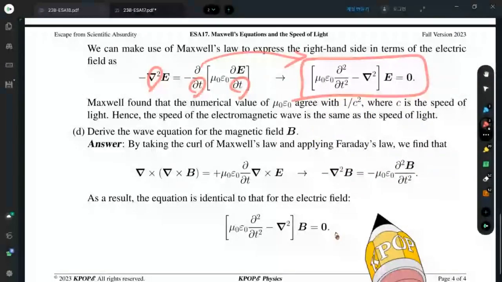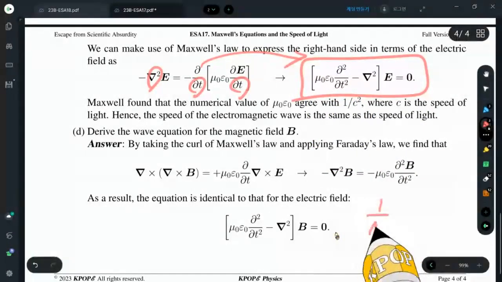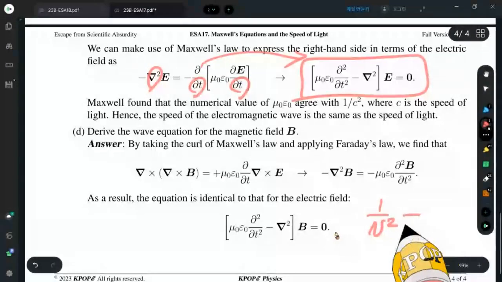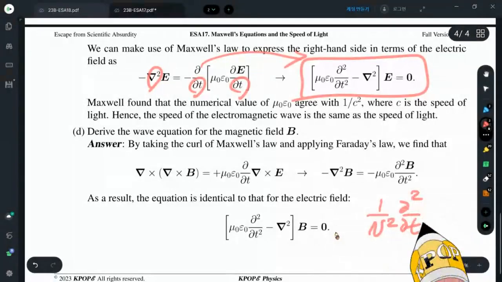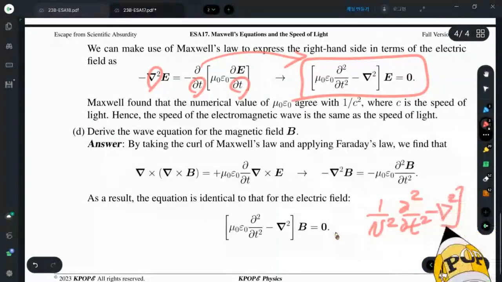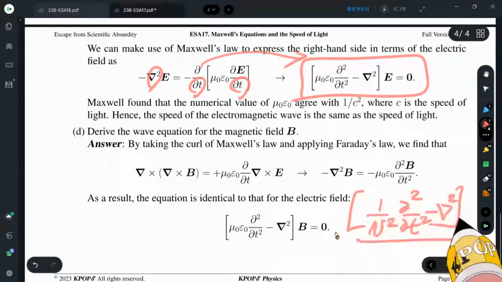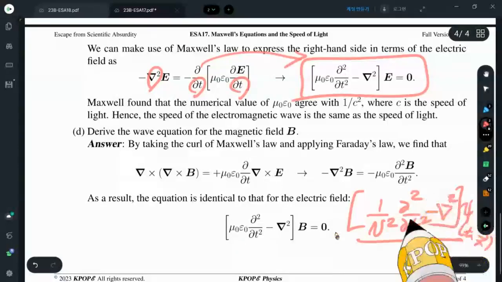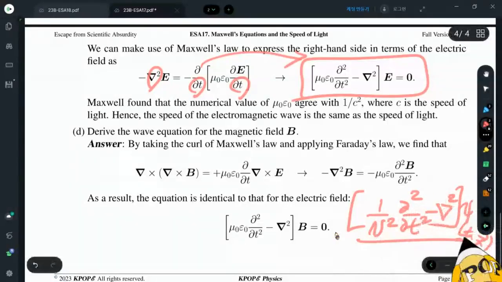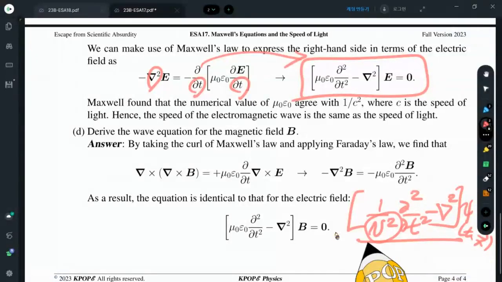Aha, this is the classical wave equation. This is a wave propagating, with any function of time and space. This indicates that this is a wave propagating with this speed.